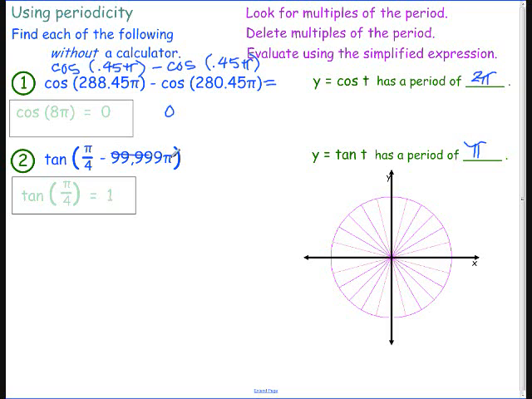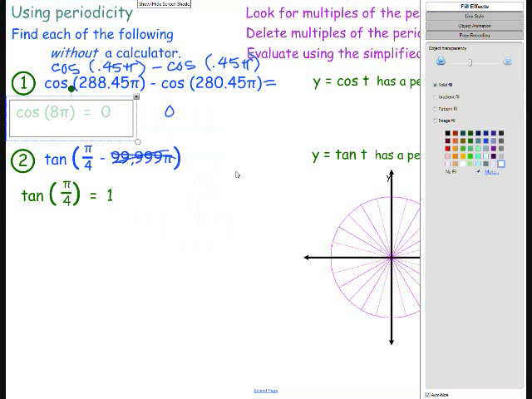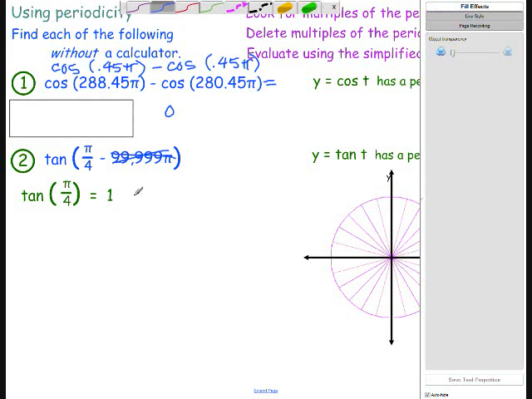So all of these can disappear, and I end up looking at the tangent of 45 degrees, or pi over 4, which is 1.